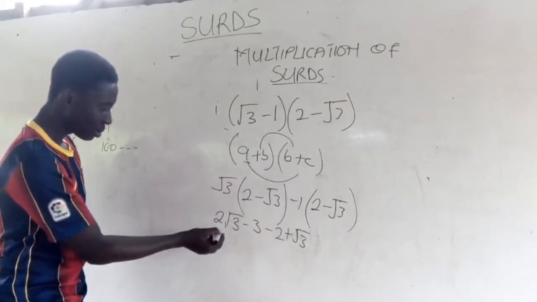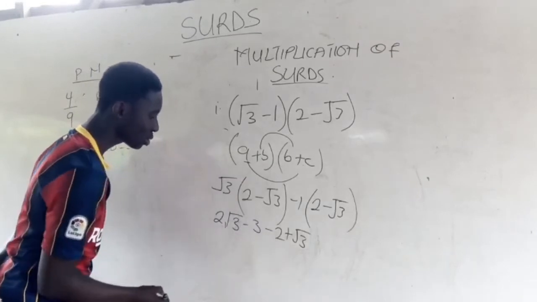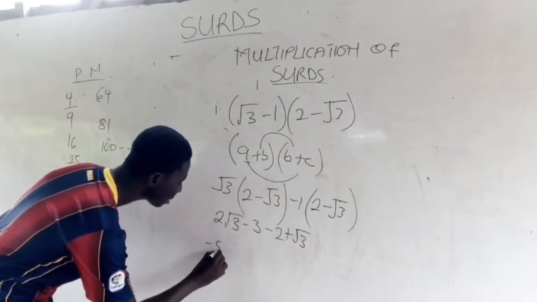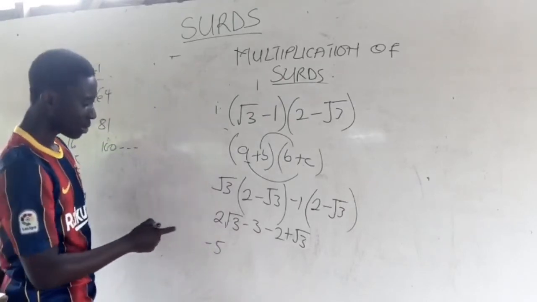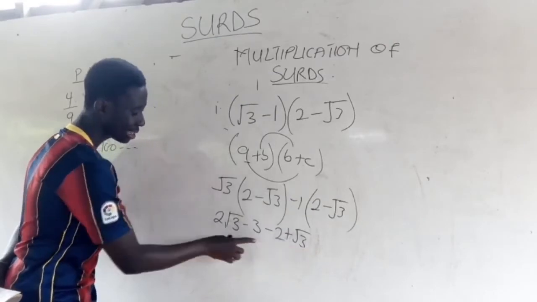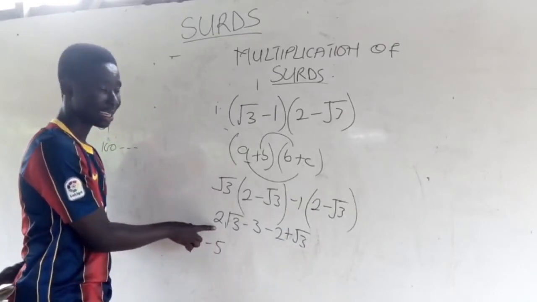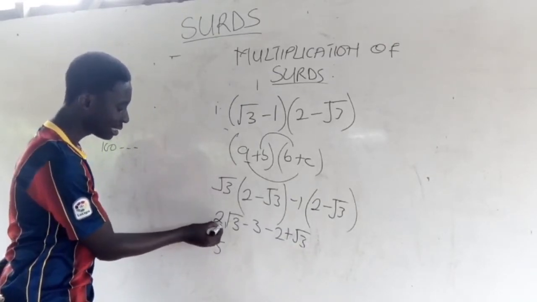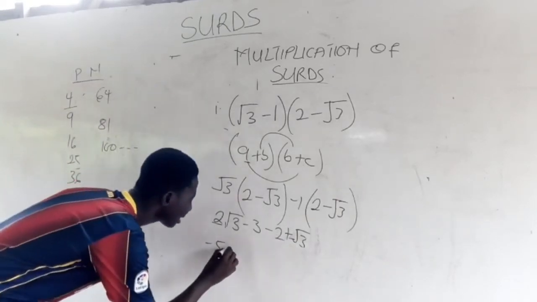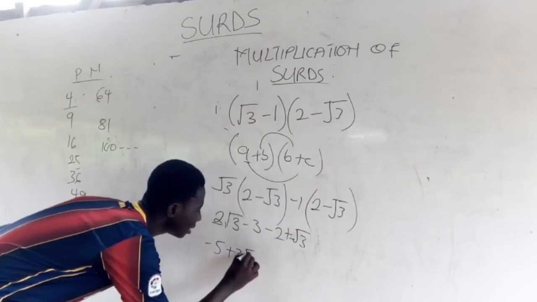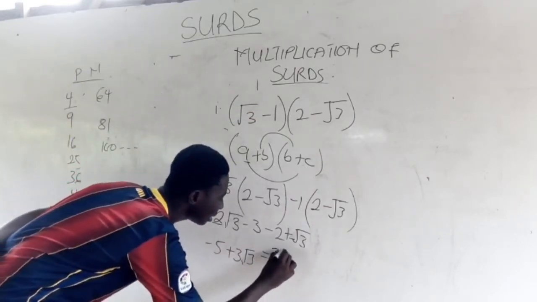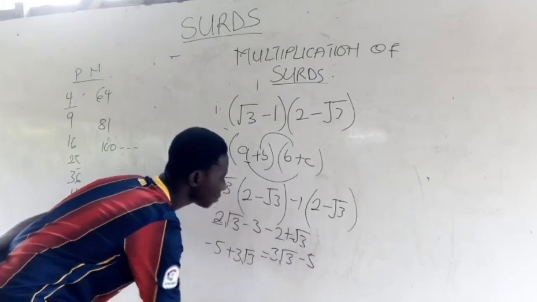Now, 3 minus 2 is 1 minus... so you are going to get minus 5. And then we are having a set here and a set here, which look alike. So you can add the coefficients here, which gives 3. So plus 3 root 3. You can also write it as 3 root 3 minus 5.